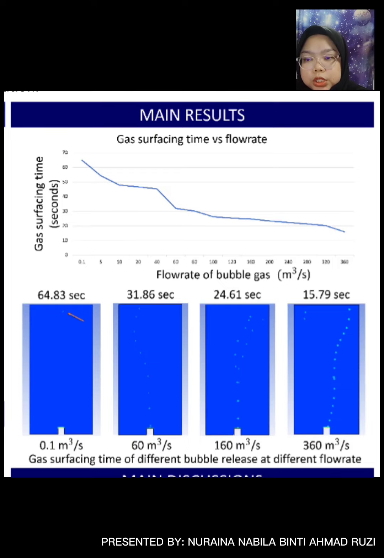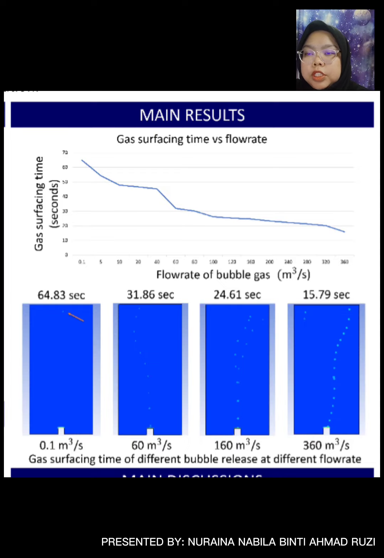From the figures, the first figure shows the safest bubble release at 0.1 meter cube per second. The behavior of bubble distribution shown here is the safe stage for the drilling process.